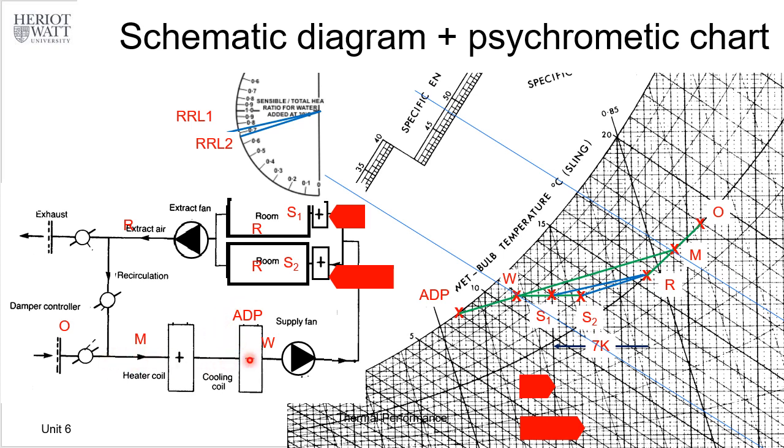From M to W is going over the cooling coil, and there will be a cooling load. How much? You can see from the psychrometric chart, cooling from M to W all the way. So we can read the enthalpy of M and then the enthalpy change to enthalpy W, so the enthalpy difference.